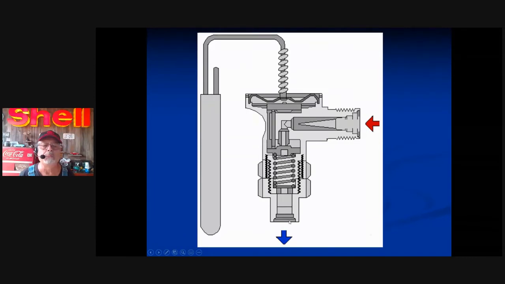The blue means two things. Blue means cold and blue means low pressure. This particular one has on the left side what is called a sensing bulb or capillary tube. It is feeling the outlet pipe of the evaporator and telling the expansion valve how much it needs to adjust.